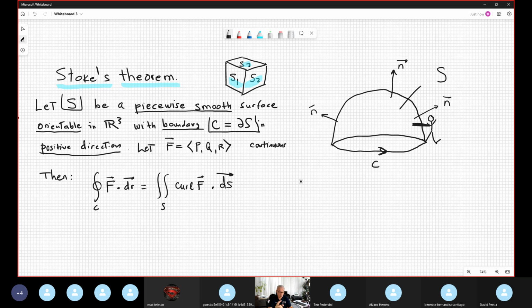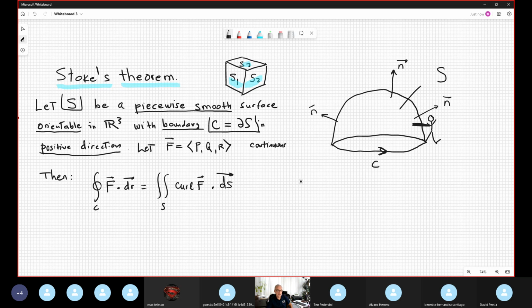So if you're walking around the boundary, which is the curve C, with your head in the direction of the way you're choosing the orientation of the surface, which is basically the normal vector that you need, and your left arm is over the surface S, then this is positive orientation.